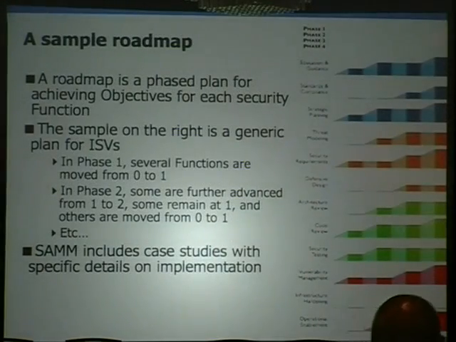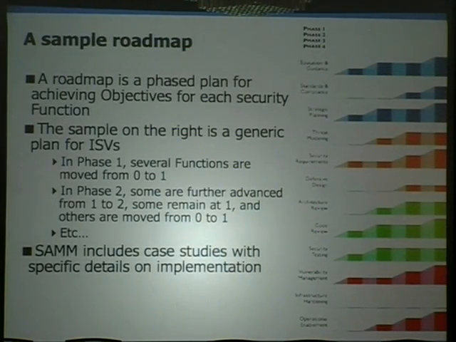To look at what a sample roadmap would look like, you may not be able to read the words here, but they're the 12 functions listed vertically. The shaded area is what occurs in phase 1, the next column is phase 2, and the next is phase 3. In phase 1, you're improving education and guidance to level 1, and making strategic planning level 1.